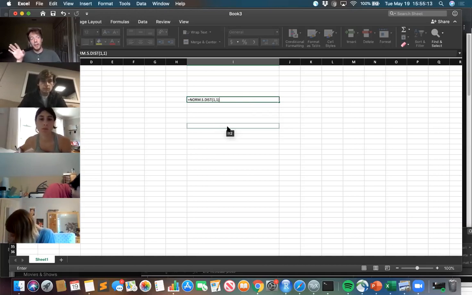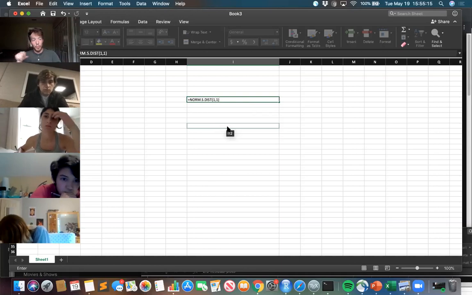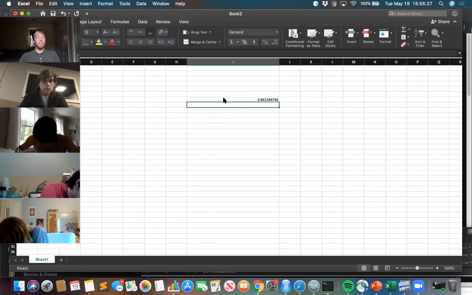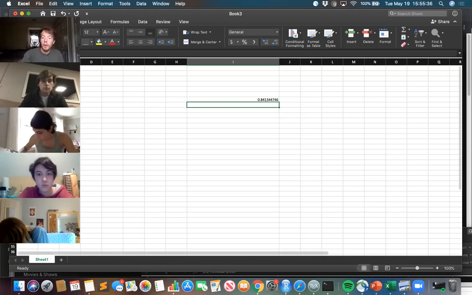If you didn't put 1 in, it would just give you the value of the normal PDF, which is not something we're really going to be using in this class. The first input is whatever our z-score is, which also happened to be 1 in this case. Once you do that, press enter, boom, it'll give you the area under the curve at that point and below. Pretty cool.